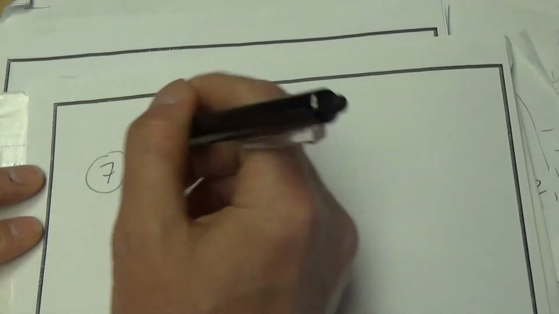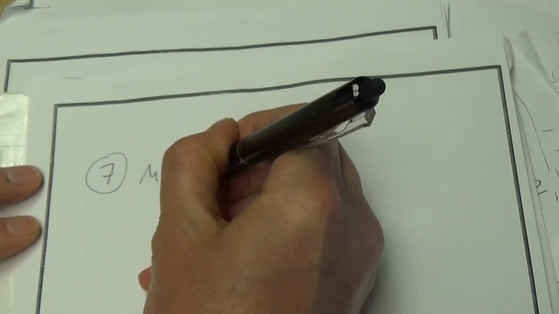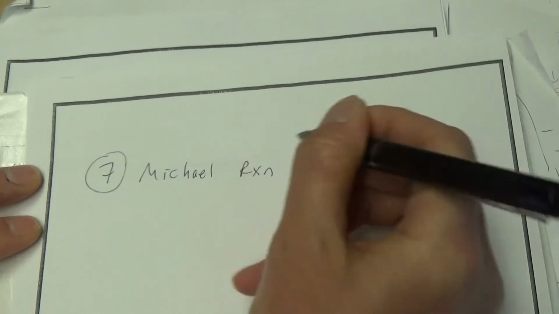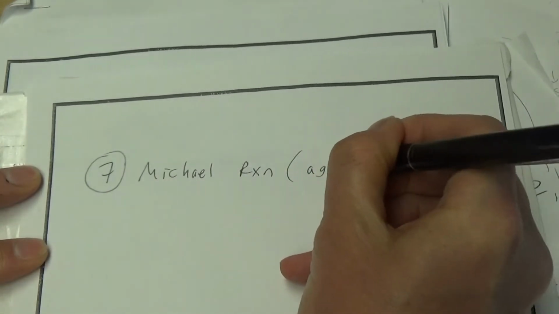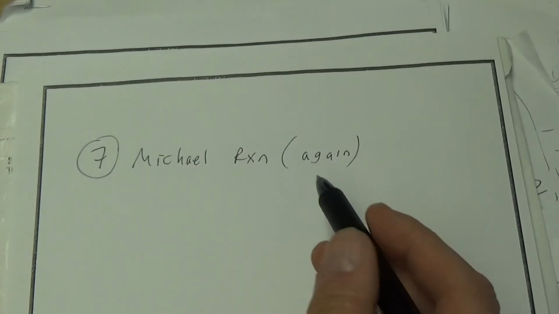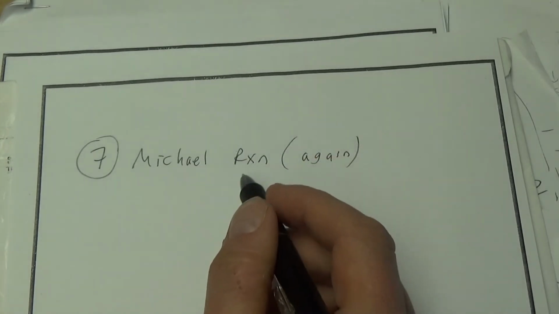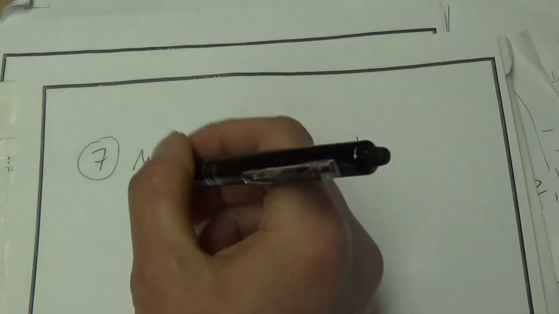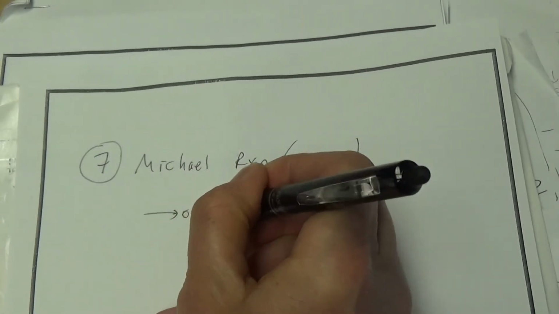Okay, so now we're still in this Michael reaction. Again, with the beta dicarbonyls. And we're not restricted to beta diesters. We can use other beta dicarbonyls also.